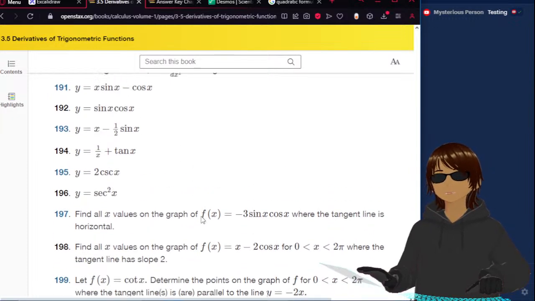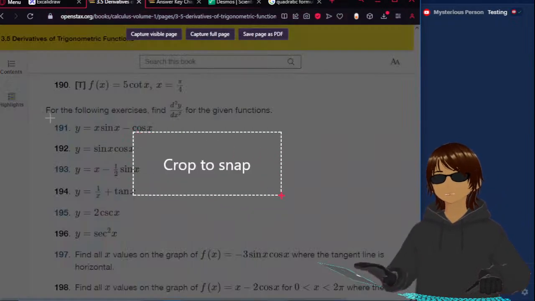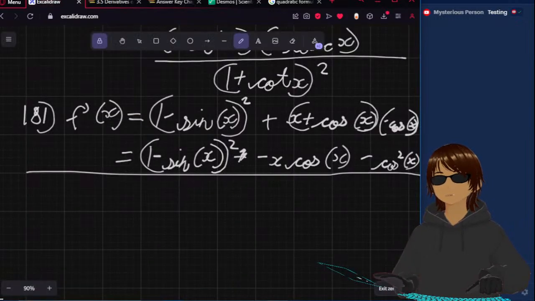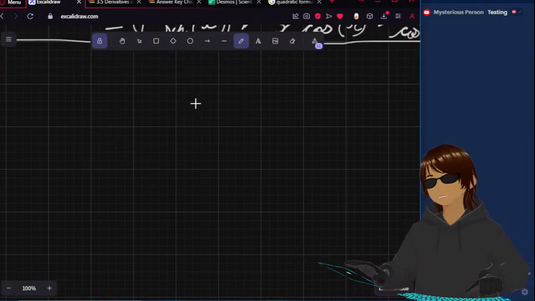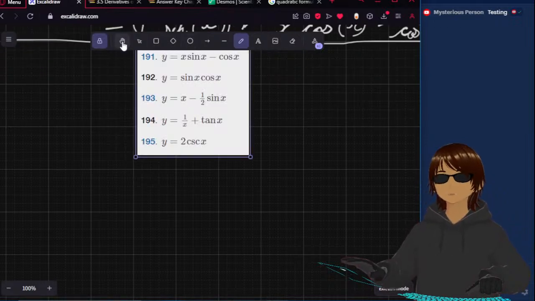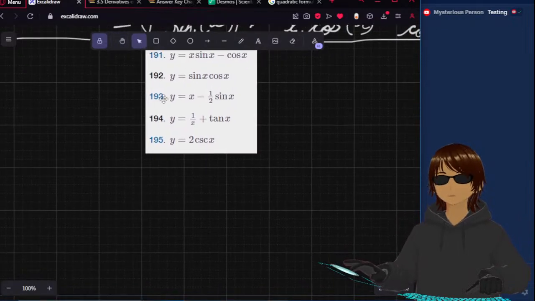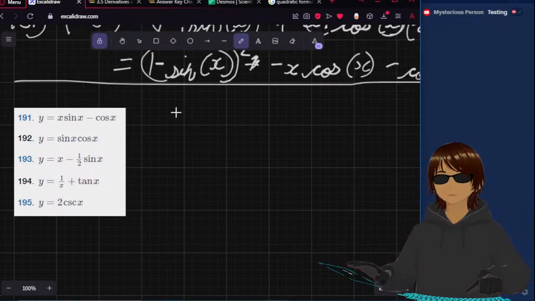The following exercises, find the second derivative. Okay, let's do 3 of these. Let's make this 100%. Now, so 191.